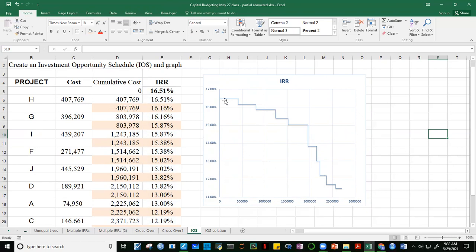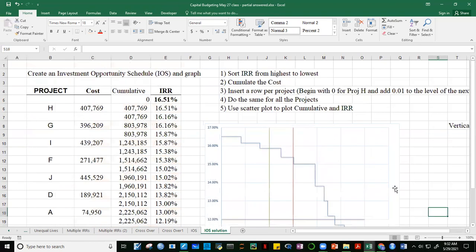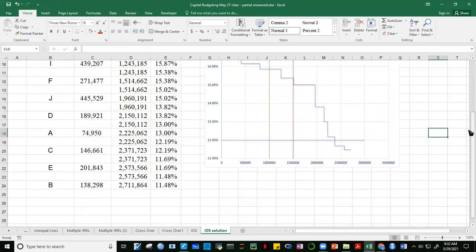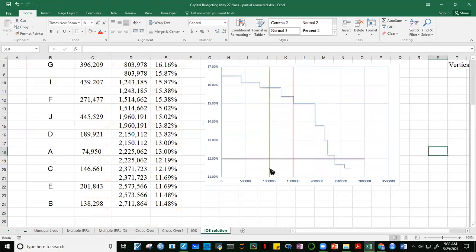And that can be shown here in this investment opportunity schedule. As we said, guys, what I did here was to plot a vertical line, for example, at 1 million or at 1,500,000.